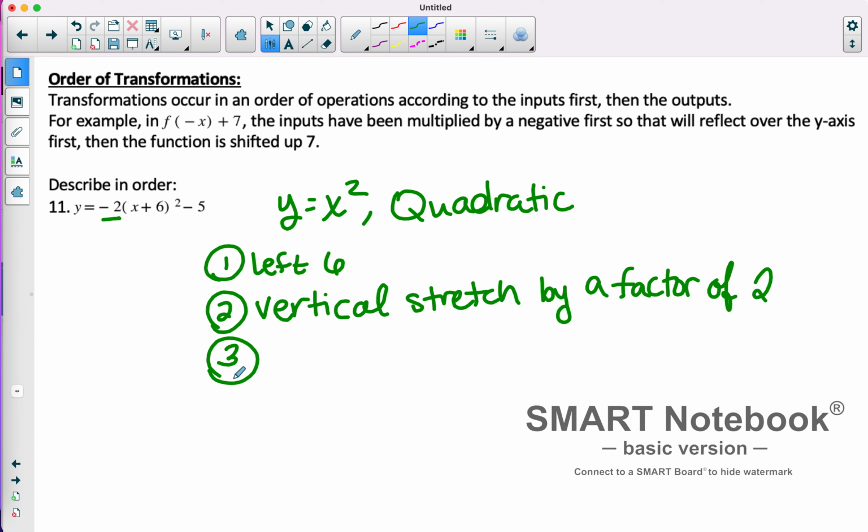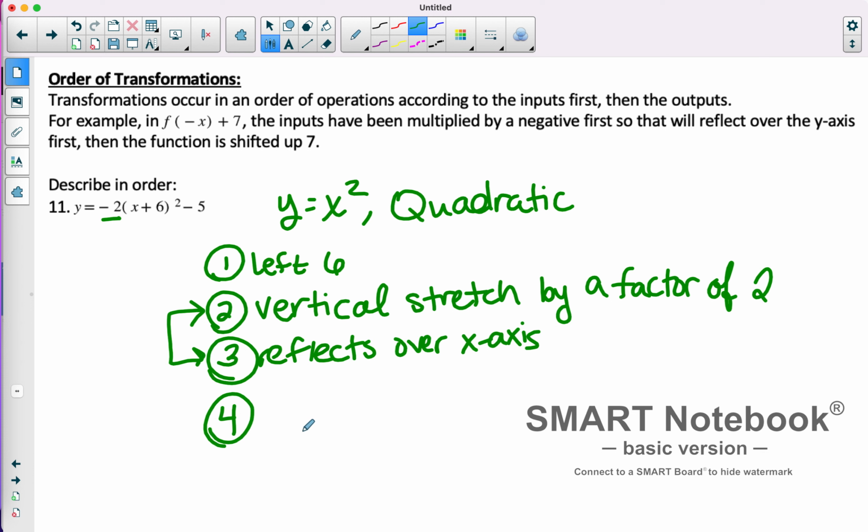But the negative part is a reflection, so it reflects over the x-axis. Because both of those are happening basically at the same time, you could have put them in either order, so that one is interchangeable. But then the last thing that would happen was this down 5 component.